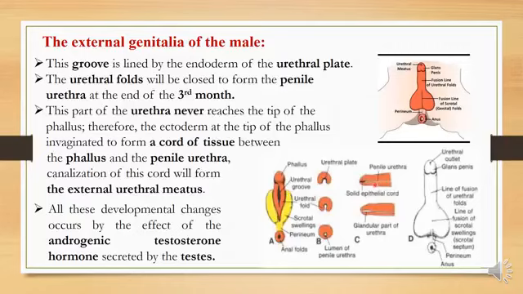Canalization of this cord will form the external urethral meatus. All these developmental changes occur by the effect of the androgen testosterone hormone secreted by the testes.